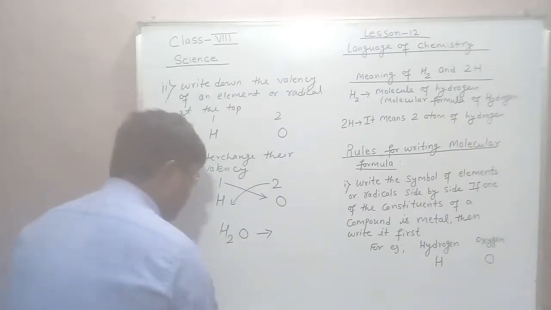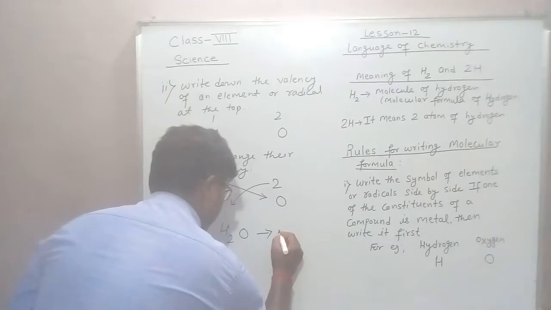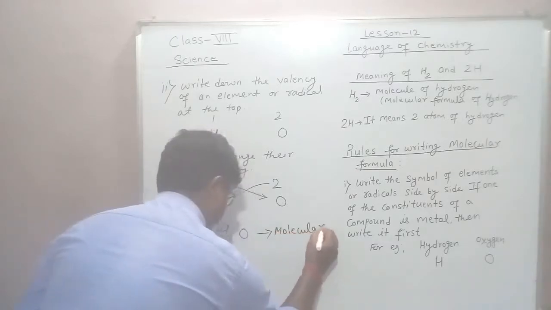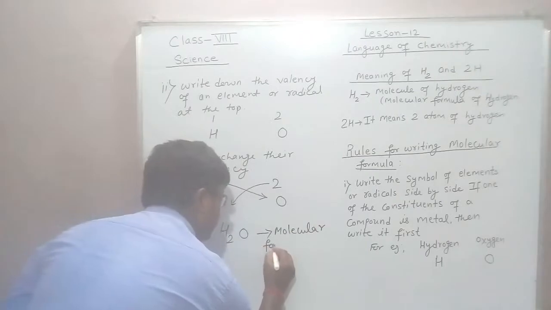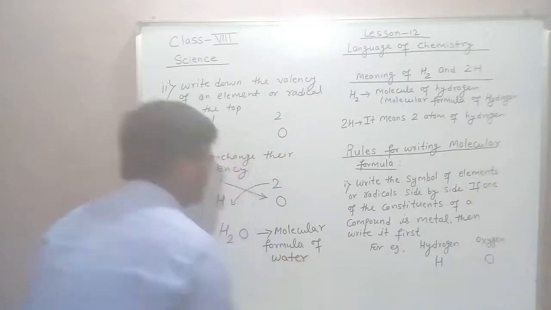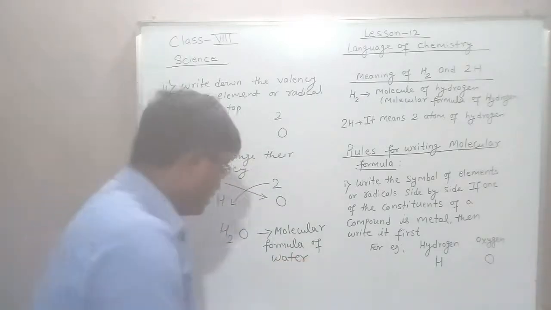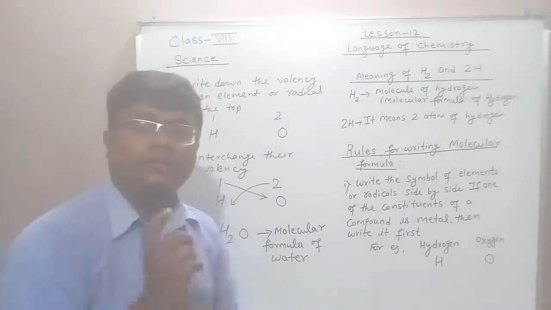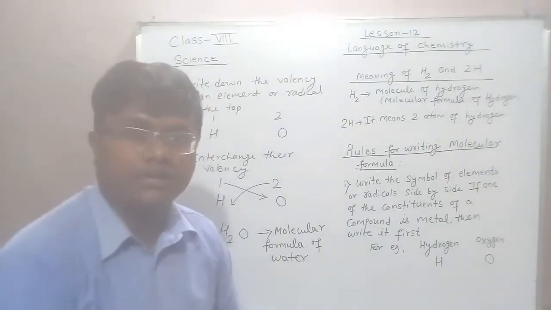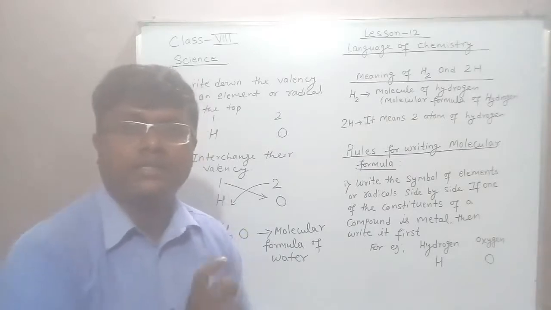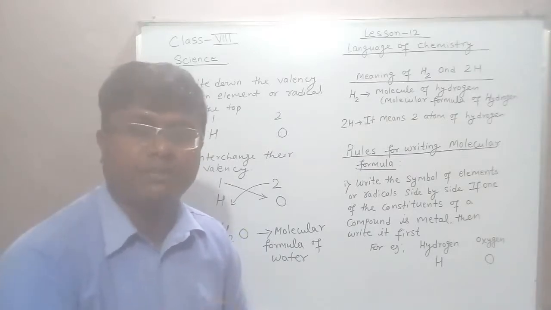So H2O is the molecular formula of water. Let's see once again. While writing the molecular formula, we have to write down the name of the element or radical side by side with their symbols.